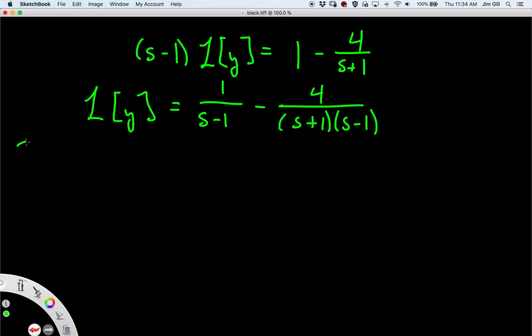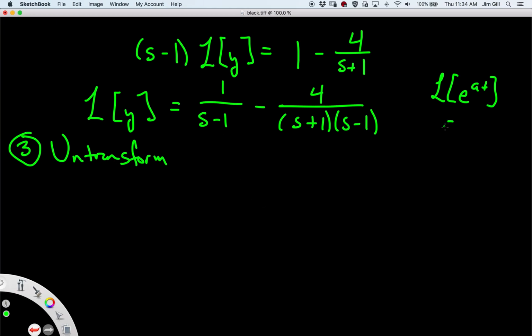And then the final step is to untransform. And this is perhaps the hardest step. Recall that the Laplace transform of e to the at is equal to 1 over s minus a. So we could untransform this part fairly easily, but this part we don't actually have on our table.